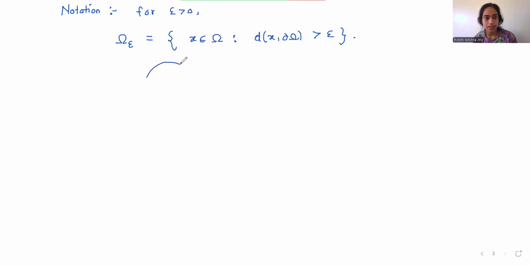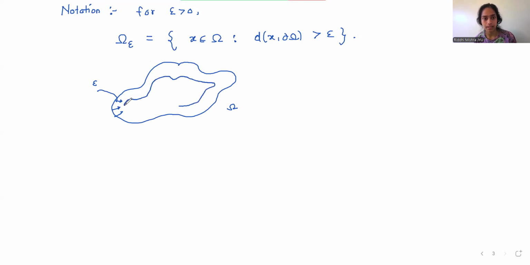The picture is like this: this is my omega, I go a little bit far from the boundary, this distance is epsilon, and I make a set. This is not so precise, but this is my omega epsilon. Why am I doing this? Because I want to define convolution. So let's first define convolution.